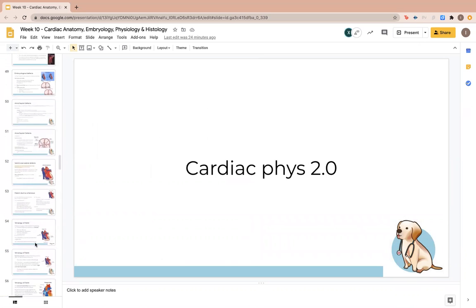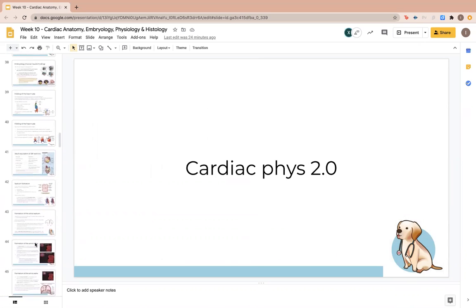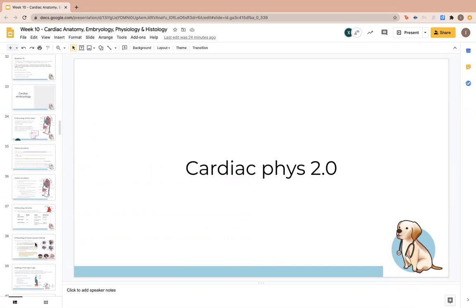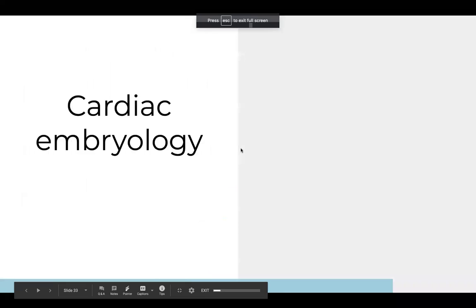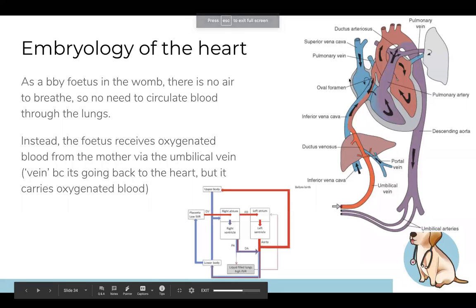Today, please. Easy. Okay. Let's go through some cardiac embryology, unless there are any other objections to that. Okay, let's go through it then.